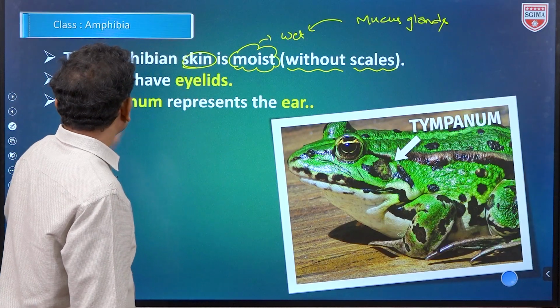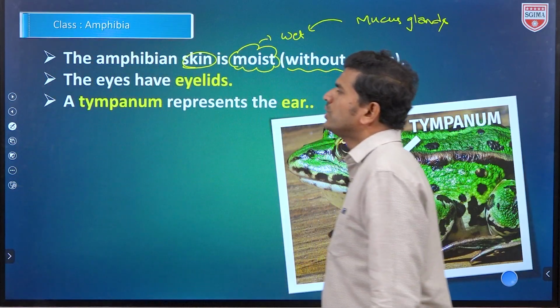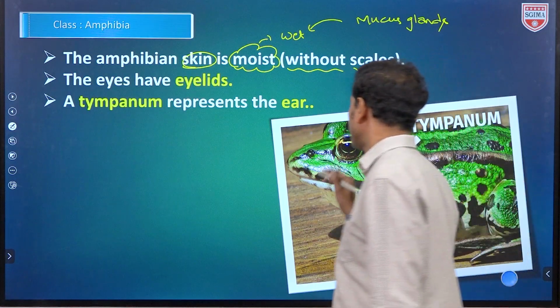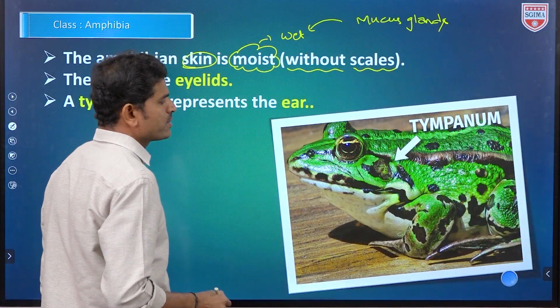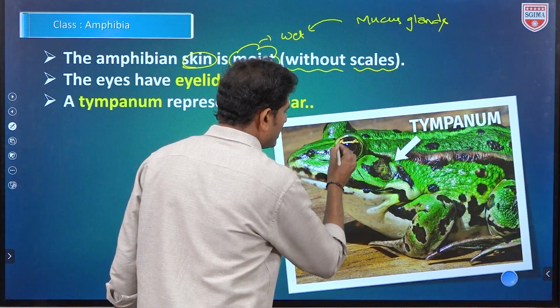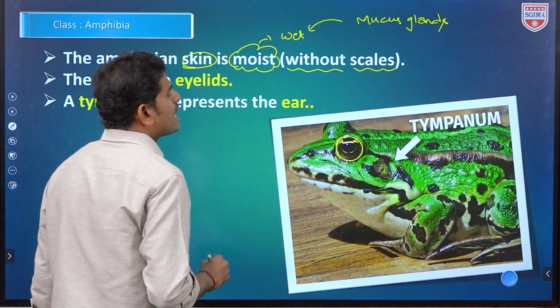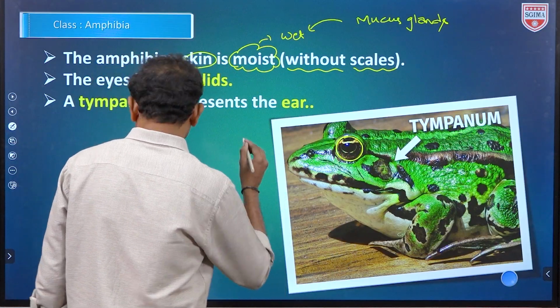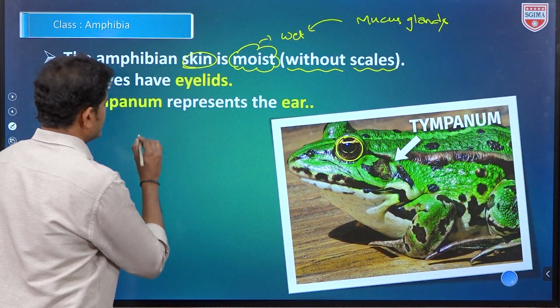Next point: the eyes have eyelids. Here we can clearly observe the eyes, and these eyes have eyelids.